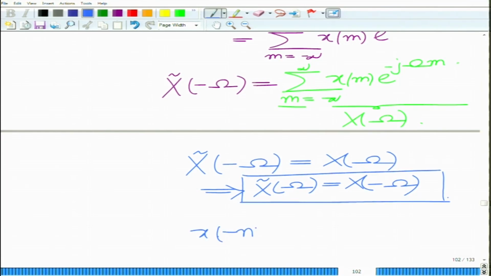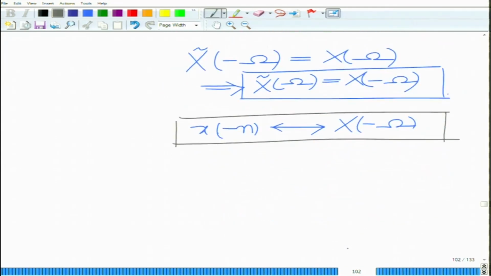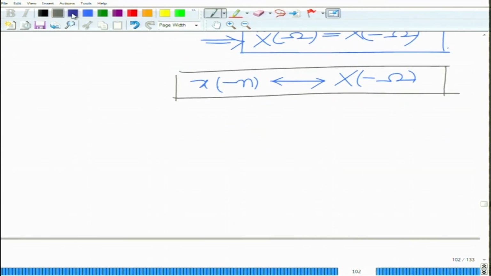So, basically x of minus n has the DTFT X of minus omega, all right.